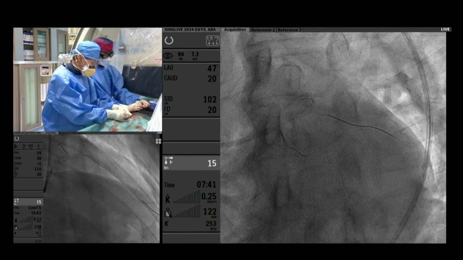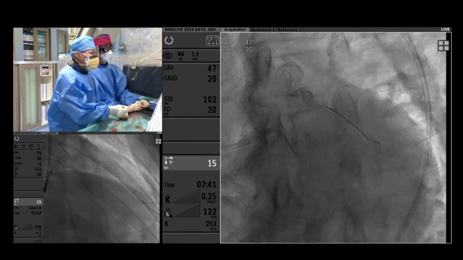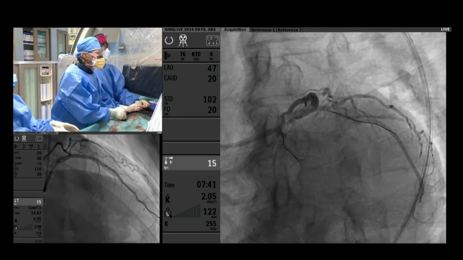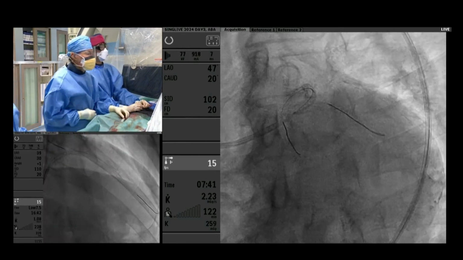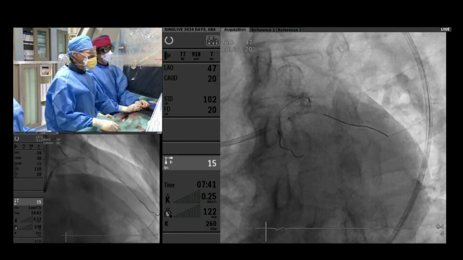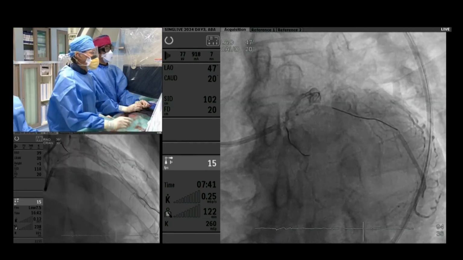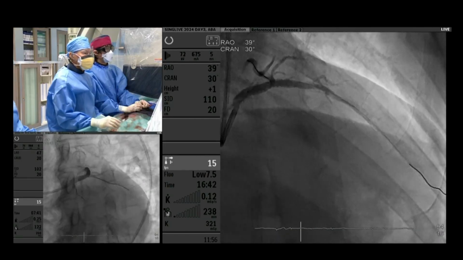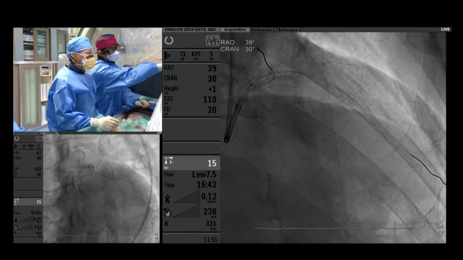Okay, so we will do a cine for you here. So I think I just injected maybe about 2 cc's of contrast. Yeah, the folks are clapping here, Prof. So I think we probably come to the end.